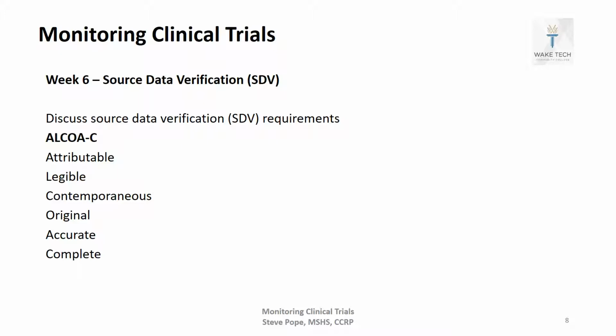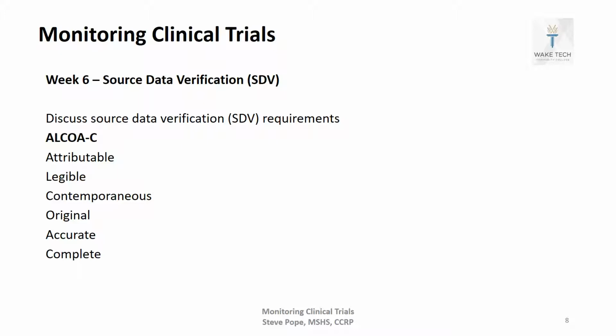And then it should be complete. This is something that a lot of new monitors sometimes miss. When you're going out to a site and they've got a listing of their source document that contains all the things that they're going to do with that visit, if there's a line or a question in there where they circle yes or no, or they are supposed to enter something, every item should have something entered on it.